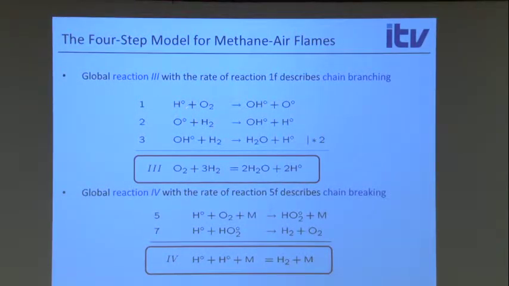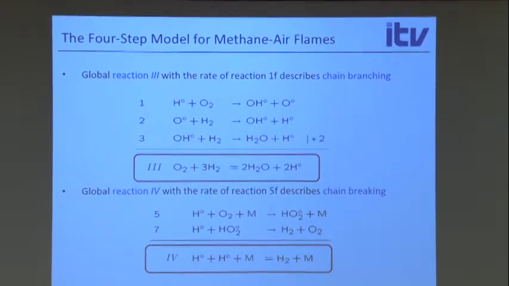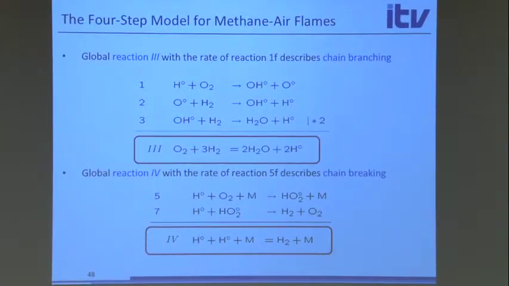There's an H here, and there are 3 H's here, so 1 goes away and 2 H's are left. So if you just add all this up, you get the resulting reaction, which is O2 plus 3H2 goes to 2H2O plus 2H. So what this means is the first reaction is slow, but if it happens once, immediately this is the effect.